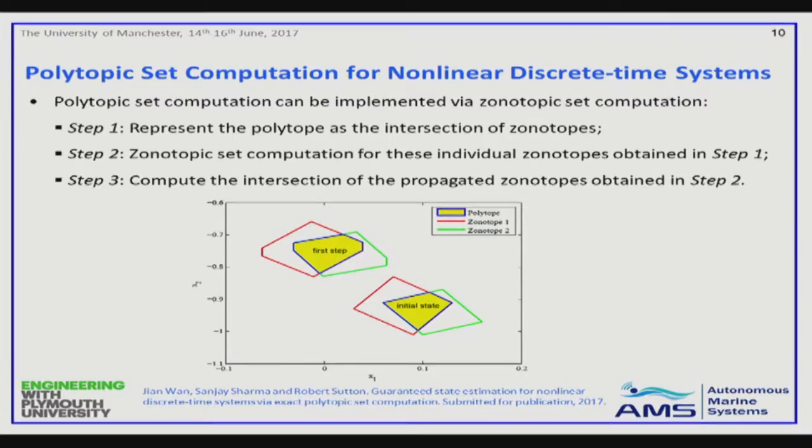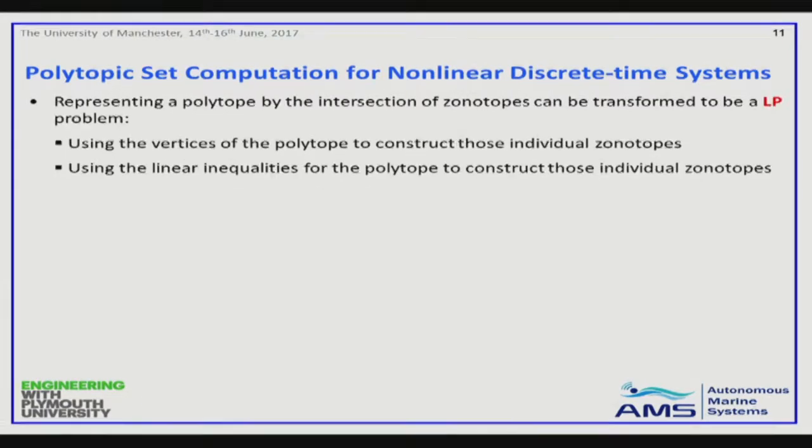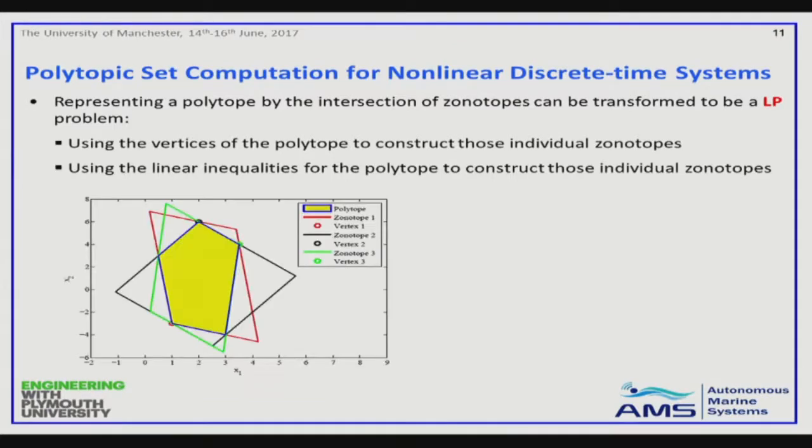We already have some results for this. And how to do the representation, the first step: how to represent a polytope by the intersection of zonotopes. You can use the vertices of this polytope to construct these individual zonotopes. It can be transferred to a linear program.